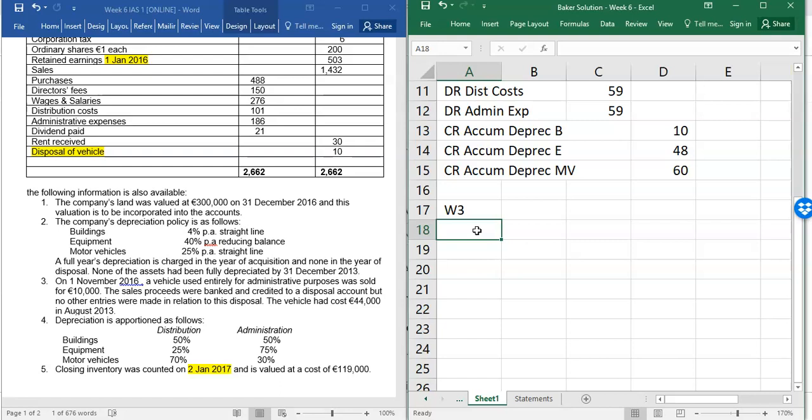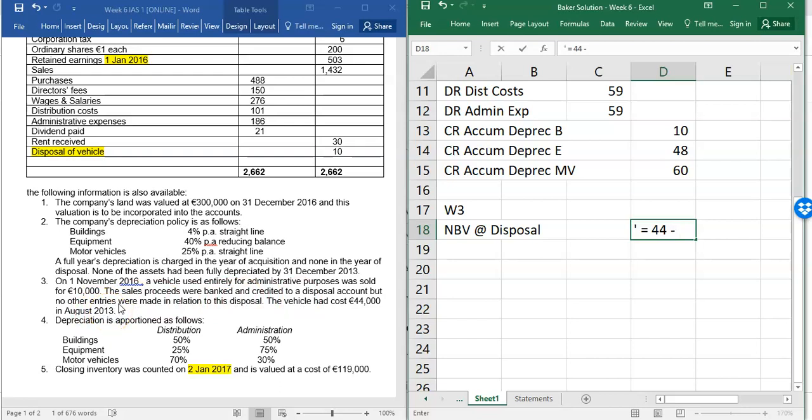Right? So what we need to know is the net book value at disposal. How we get that is the cost, 44, minus your accumulated depreciation. Now, they don't tell you accumulated depreciation, but if we know what the motor vehicle policy is, we can figure it out. Full year depreciation in the year of acquisition, so full year in 2013, full year in 14, and full year in 15.